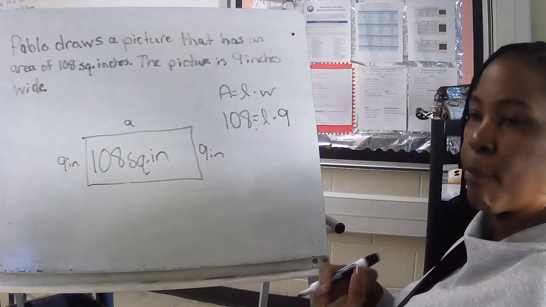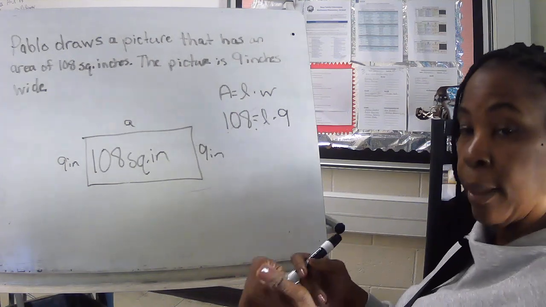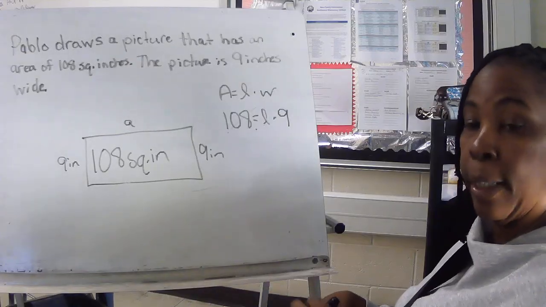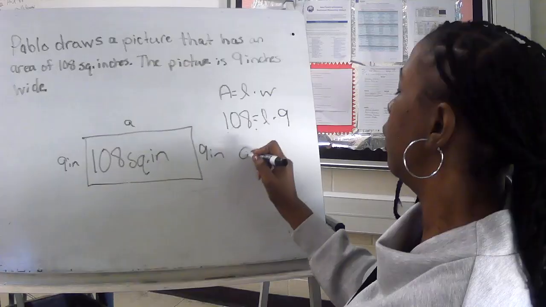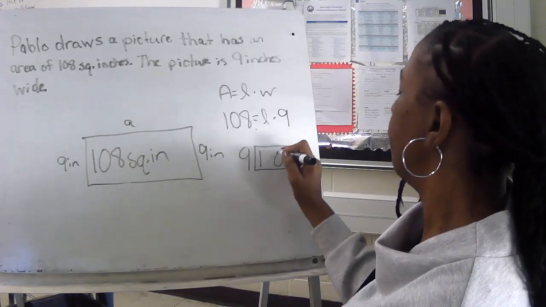So 9 times what number gives us 108? One thing we can do is our multiples of 9. That's an option. We can divide 9 into 108. That's an option. Okay, so let's do both of them. We've been working on division, and let's tackle this.